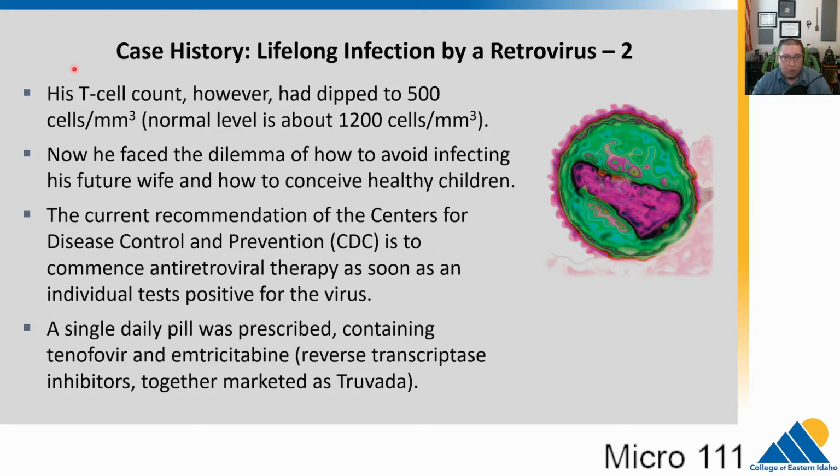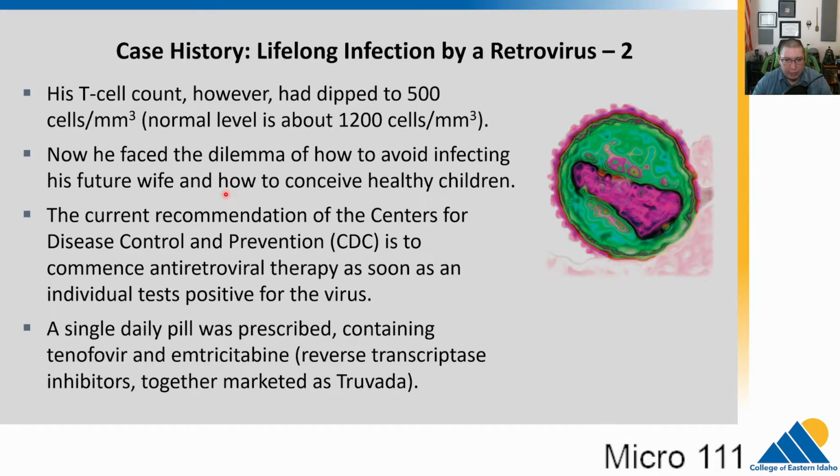His cell counts are quite low, 500 cells per microliter, and normal levels are about 1,200 cells per microliter. So this is bad news because he is now more susceptible to infection. So he has a problem, how to avoid infecting his future wife and how to conceive healthy children. This is something they want to do.